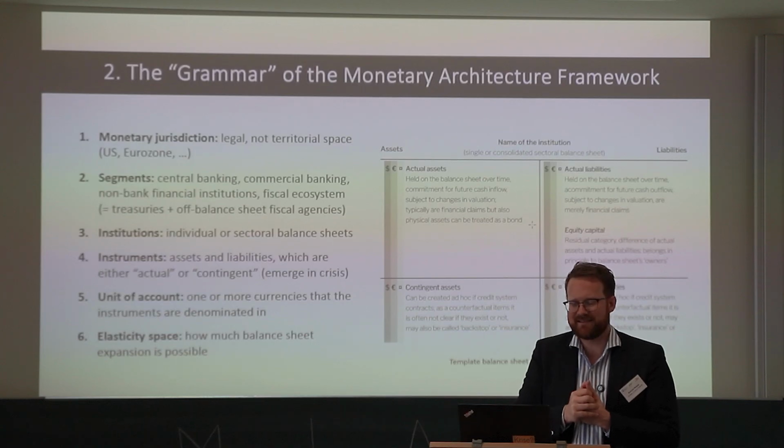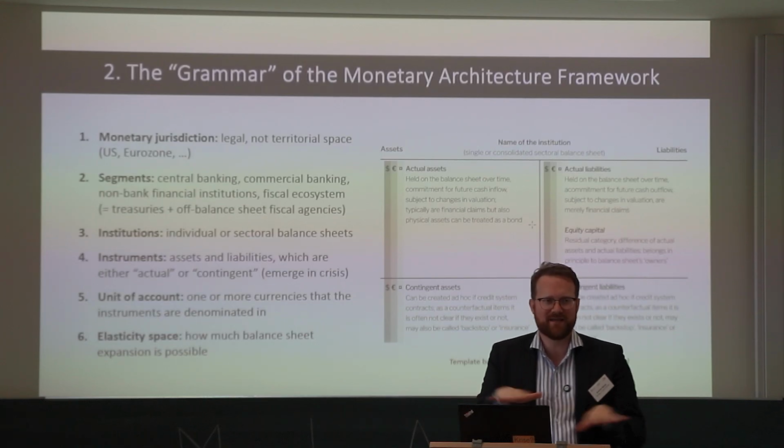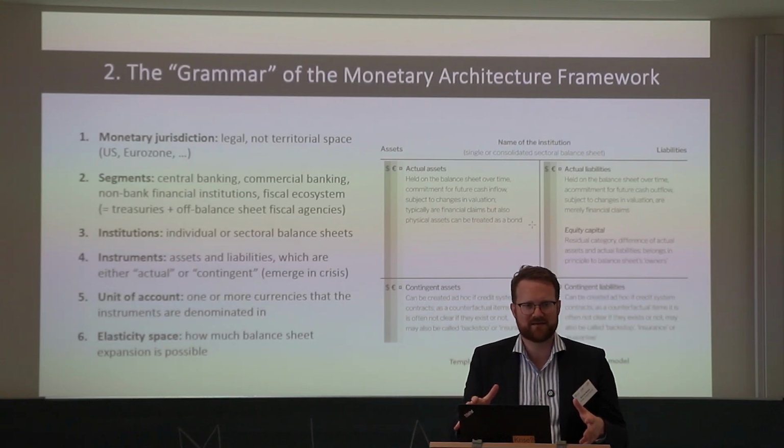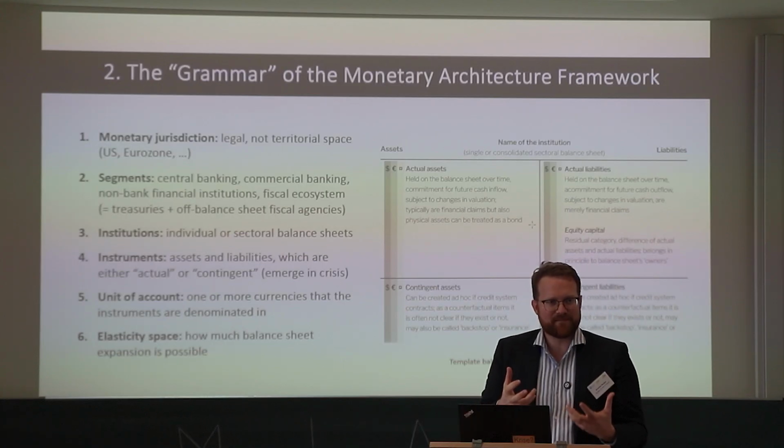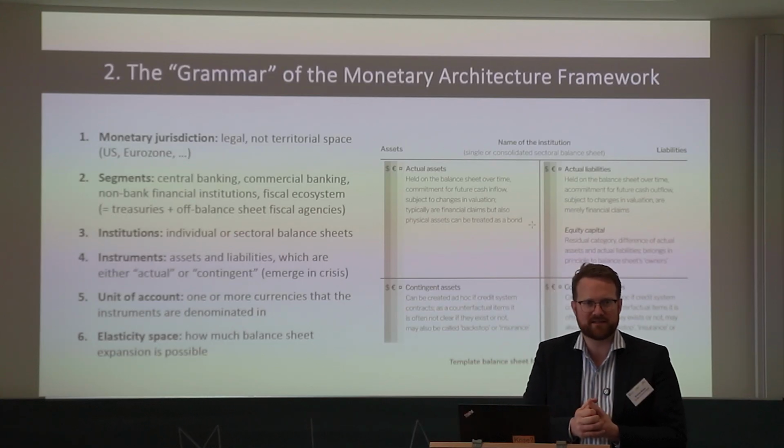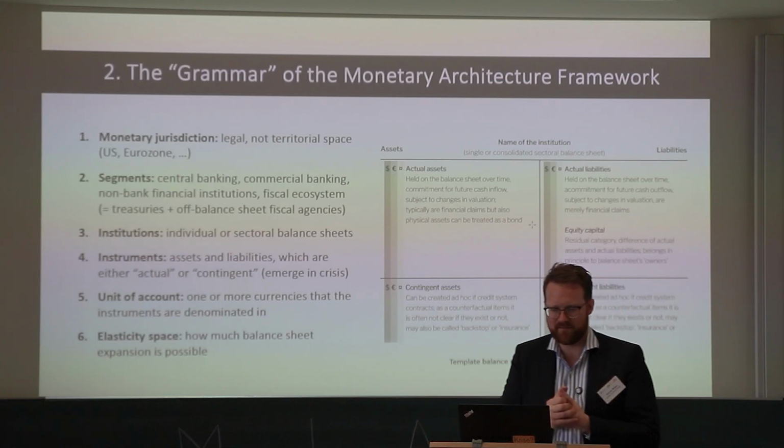So this is then really not accounting anymore. It's basically the opposite of accounting because it's an opinion, it's sort of speculative, but it's very important in order to understand the dynamics in the monetary architecture.